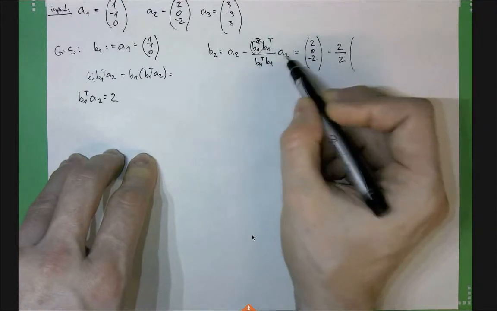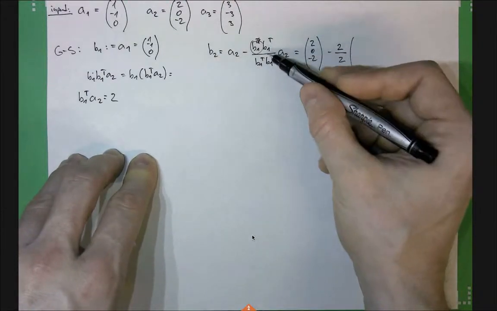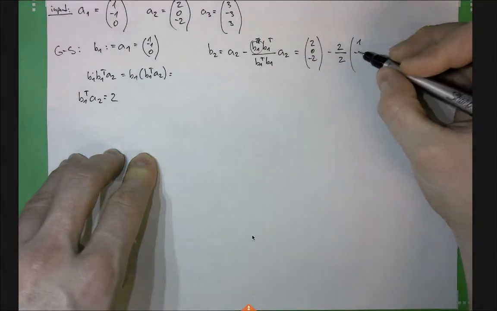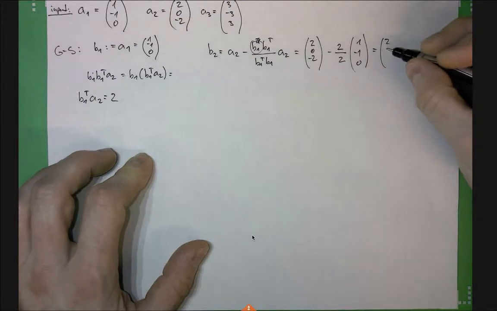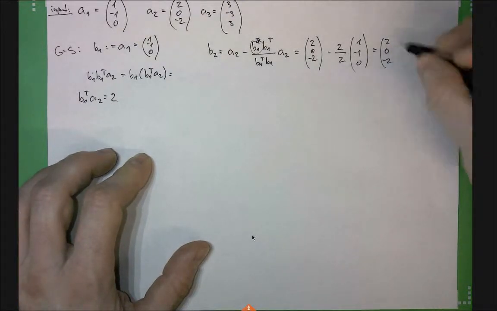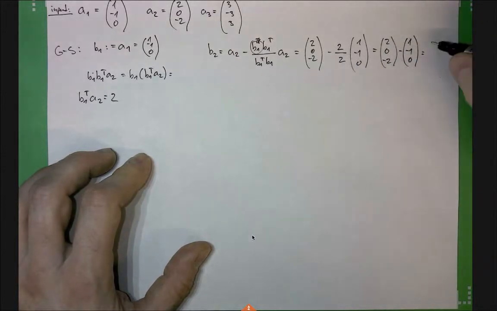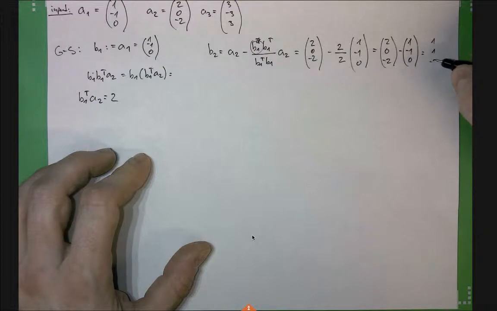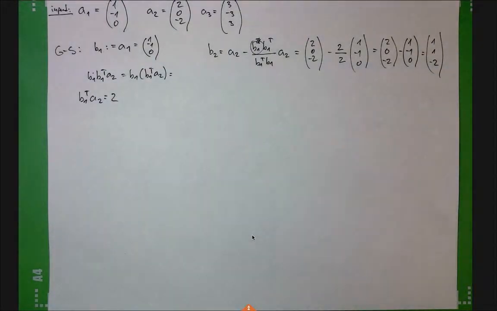So this B1ᵀ A2 was 2, this B1ᵀ B1 was also 2, and this B1 is still a vector. So this is 1, -1, and 0. So what I have to do is 2, 0, -2 minus 1, -1, 0, which will be 1, 1, -2, right? So this is also the type of calculations you will be doing at the midterm.